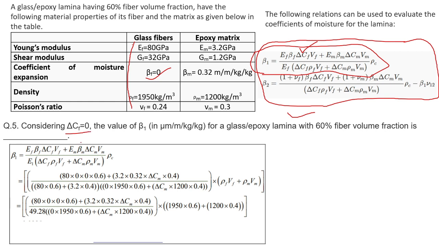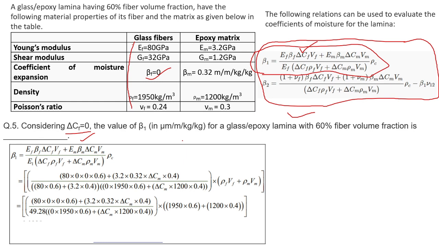Beta M value is there, 0.32. Del CM value is not given in the question, but maybe in your assignment the value of del CM will be given, or if not, I think you should take that value as equal to 0.